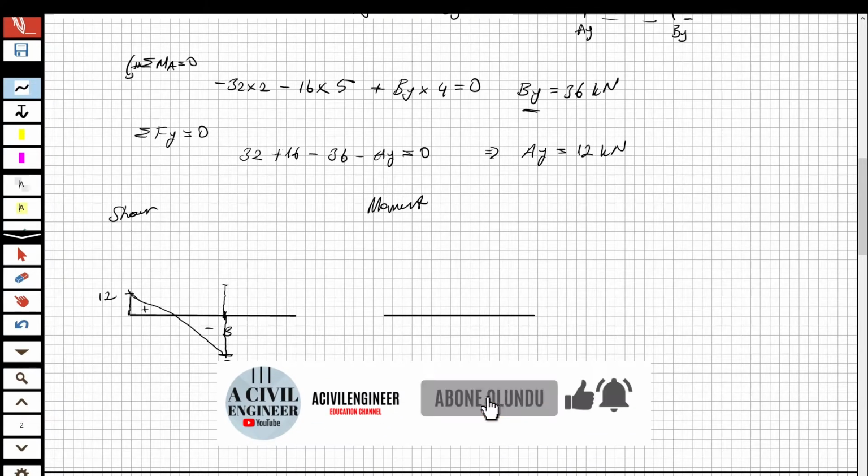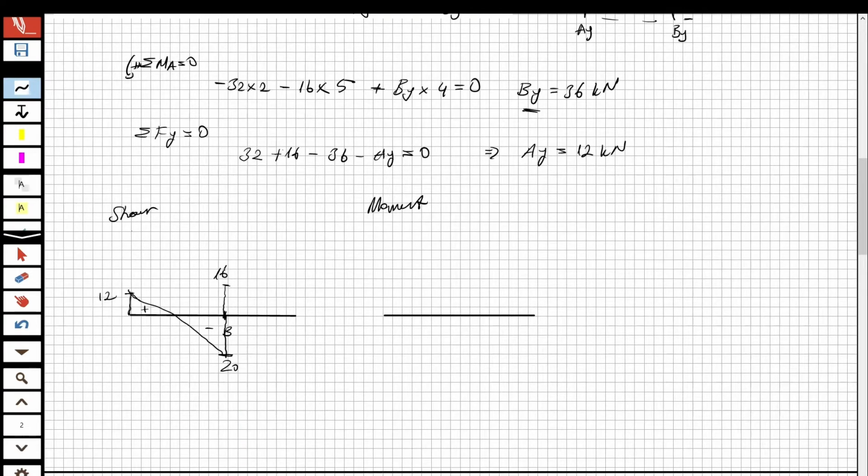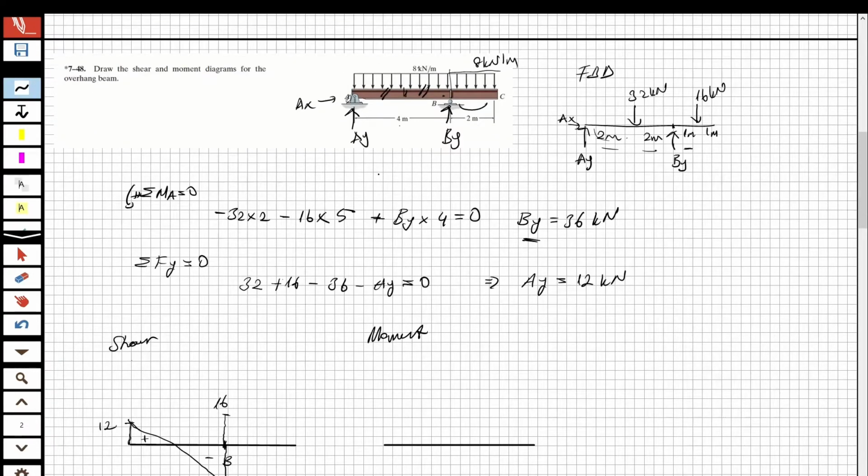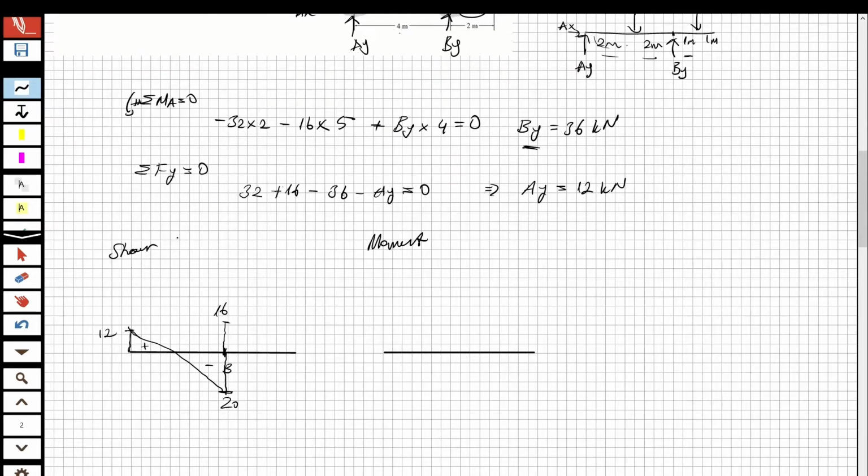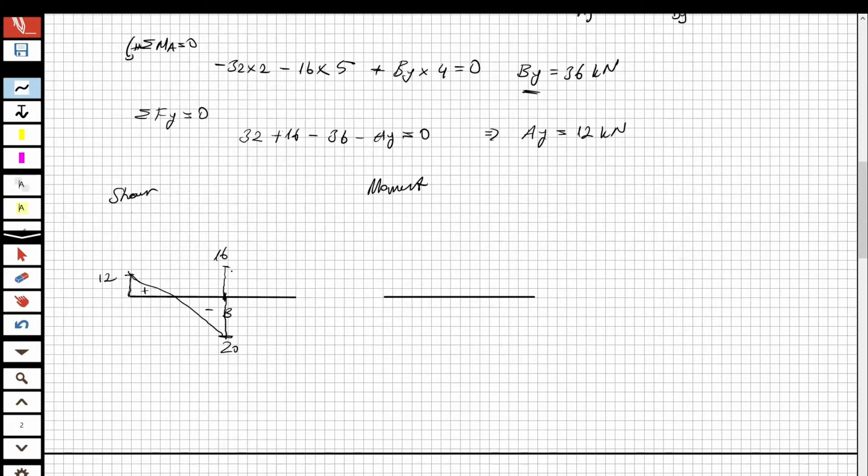For example, this is point 16. And I'm going to decrease by this amount of area, 16 kilonewton, and I'm going to reach the point 0. Okay, this is C, this is A.